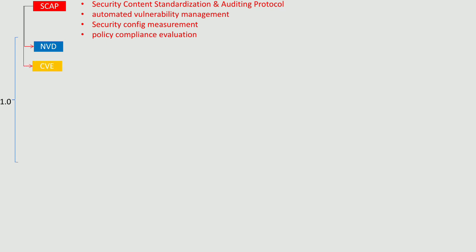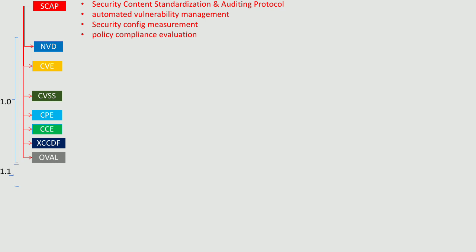The second component is Common Vulnerability and Exposure, and the third component used by SCAP is Common Vulnerability Scoring System, and the next component is Common Platform Enumeration, and the next component is Common Configuration Enumeration, and the next component is Extensible Configuration Checklist Descriptive Format, and the next component is Open Vulnerability and Assessment Language.